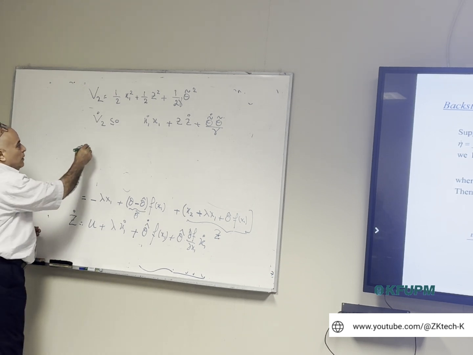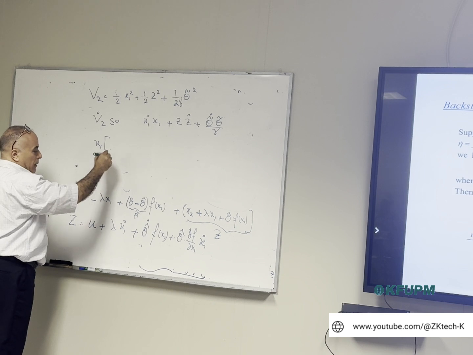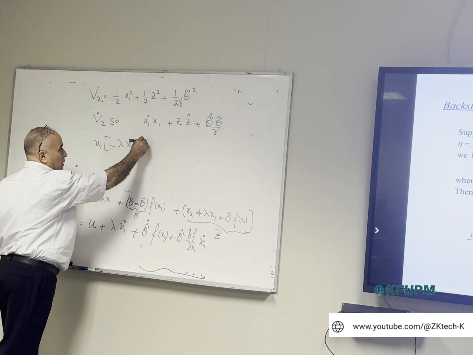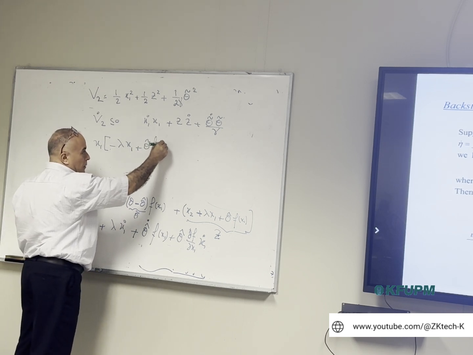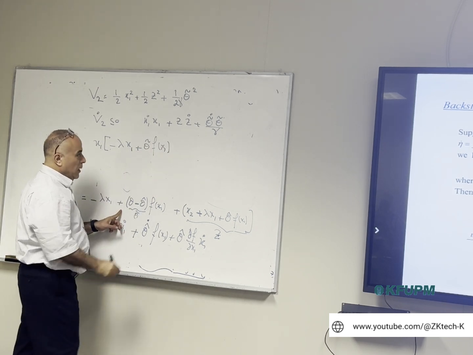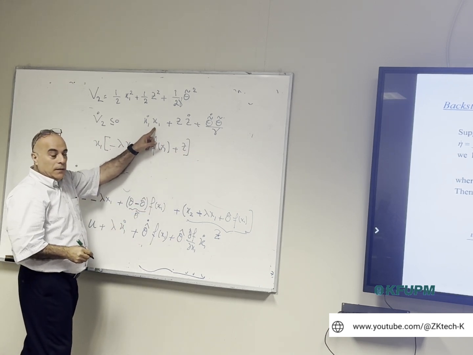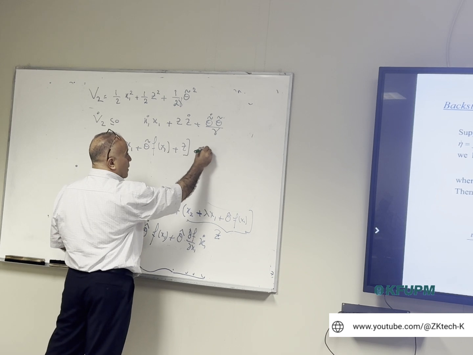So this will be equal to x1 multiplied by minus lambda x1 plus theta tilde f of x1, plus z. So this is x1 prime plus z prime.